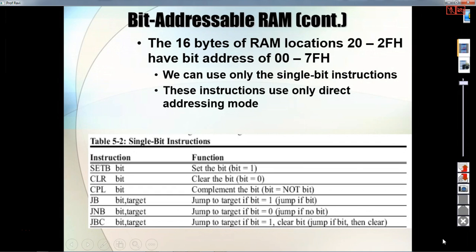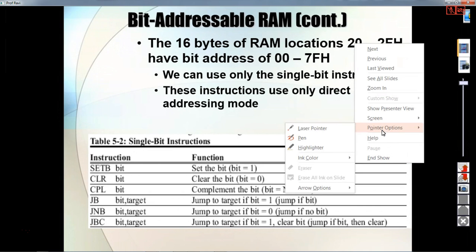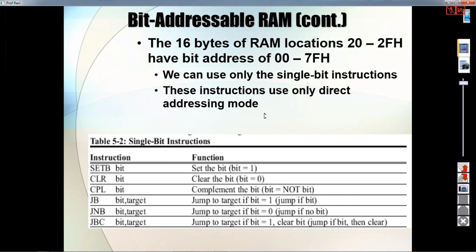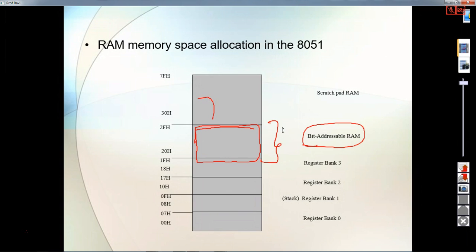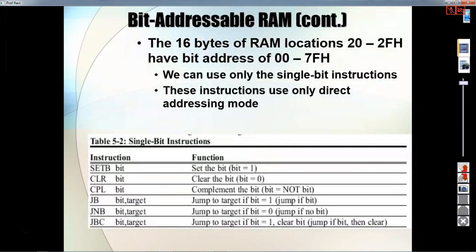Now if you try to see here, the 20 to 2F memory is called bit-addressable, which means you can set or reset individual bits. So we can use instructions like set bit to make a bit 1, and clear bit to make it 0, for a particular location.